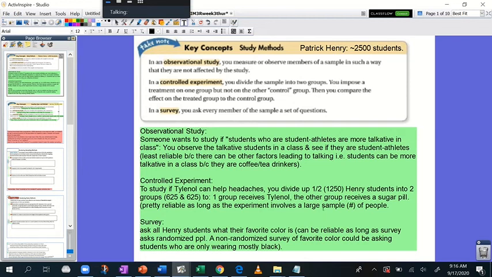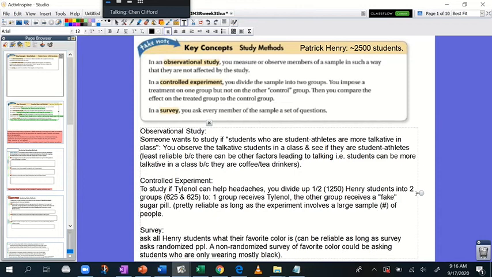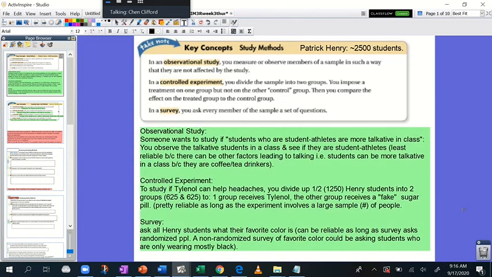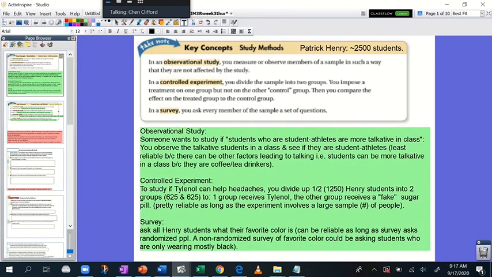And you compare it to the group that only received a fake sugar pill. I put fake in quotes there. This is probably the most reliable, as long as you have a large sample of people.